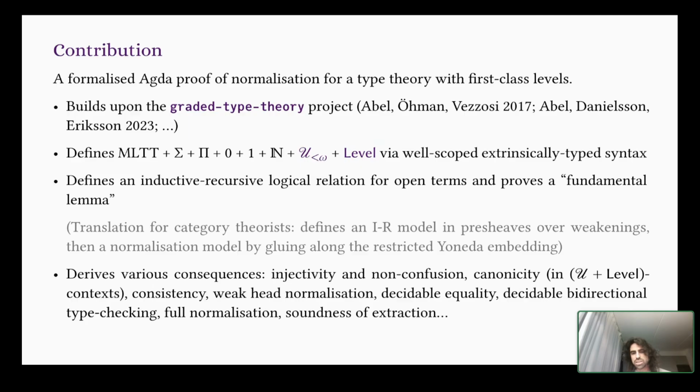And we also get weak head normalization, decidable equality, decidable type checking using a bidirectional algorithm, and full normalization, roughly in that order. This is based on the same approach as the work by Abel and others. And also soundness of extraction. We show that we can compile the type theory to an untyped lambda calculus in a way that preserves the reduction and that also has some form of canonicity.